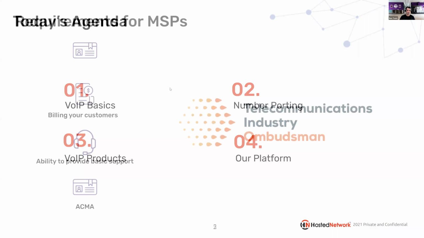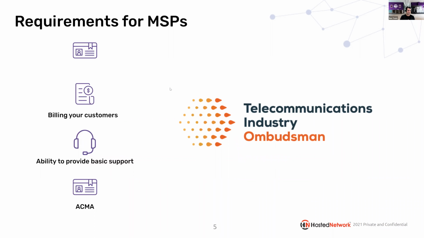All right, so first things first. If you're already doing VoIP, you probably already know this, but as an MSP or anyone that is selling or reselling VoIP, you first of all need to make sure that you're registered with the TIO, the Telecommunications Industry Ombudsman. Now, it is meant to be required. I think it's free to register online.